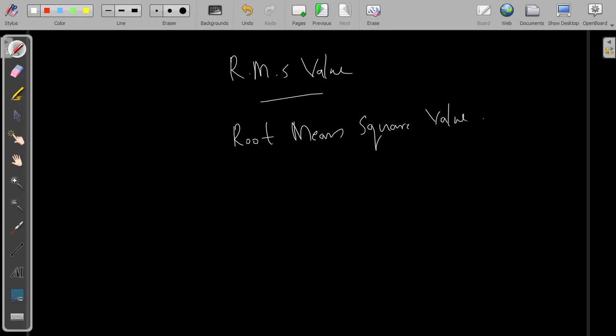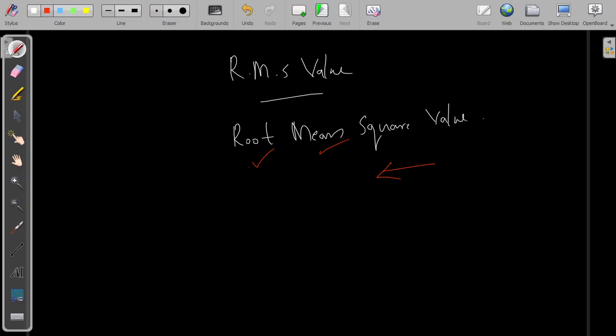That means you have to read it in the reverse manner. You have to square your waveform first of all, then find the mean value, and then apply the root. That is what I mean by root mean square value, otherwise known as effective value.